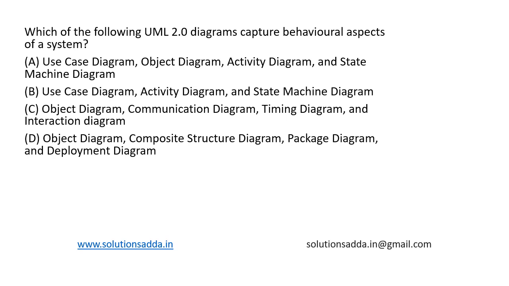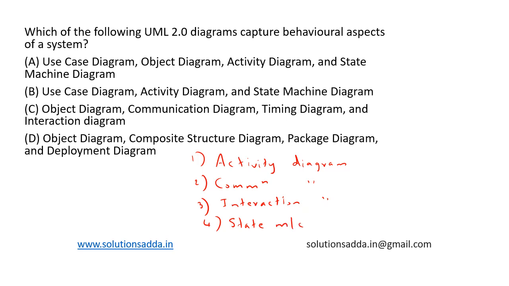The UML 2.0 diagrams that capture the behavioral aspect of a system include the activity diagram, then the communication diagram, then the interaction diagram, then the state machine diagram, then the timing diagram, then the use case diagram.